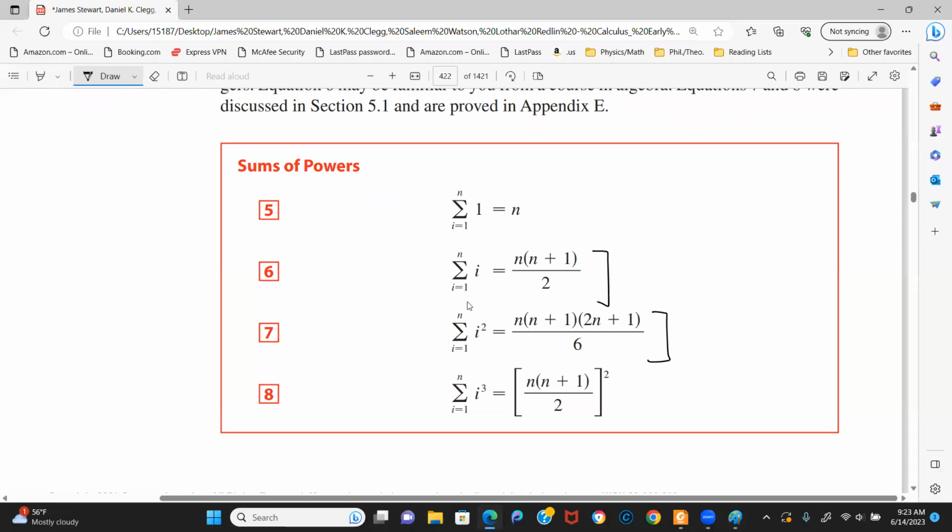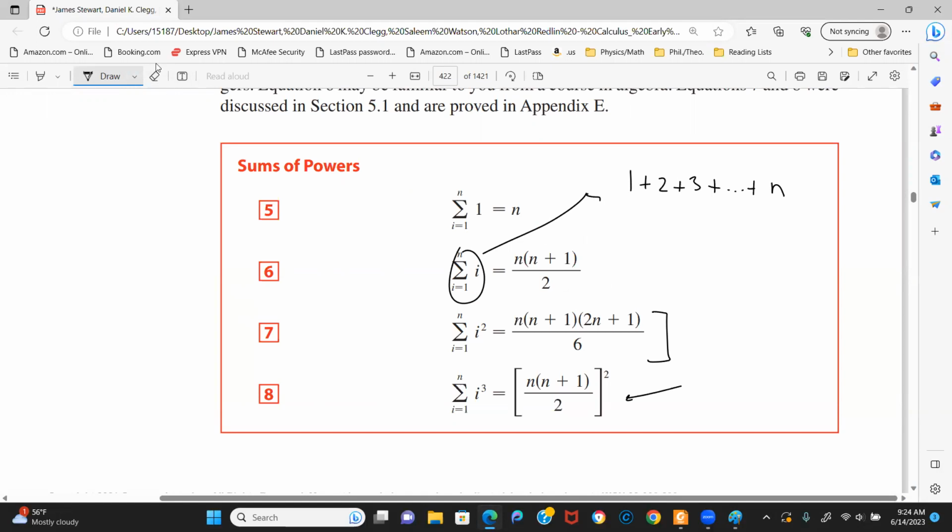If you want to take the sum of the numbers from 1 to n, this would be equal to 1 plus 2 plus 3 up to plus n. It's the same thing as computing this right here. And then you have a formula for computing cubes, which we're going to need. This one we're going to need right here.